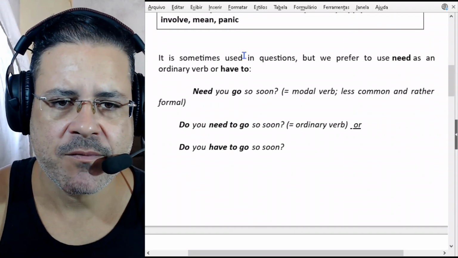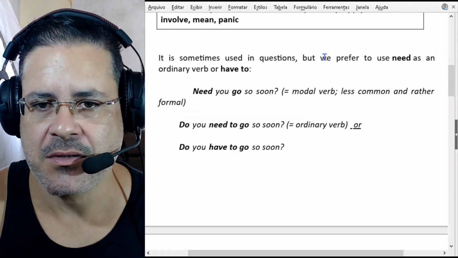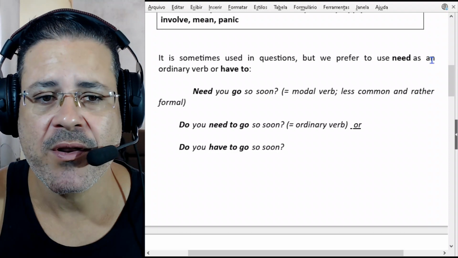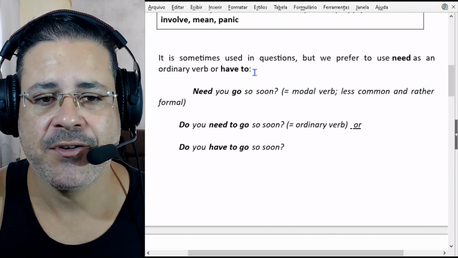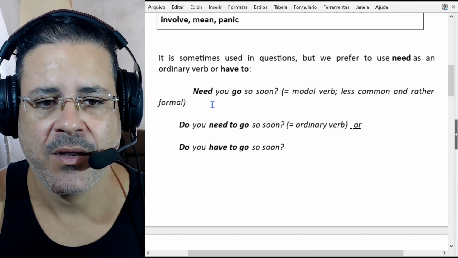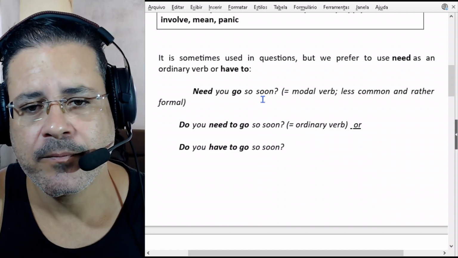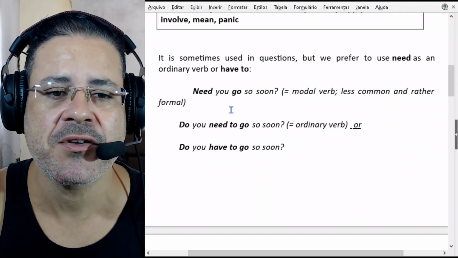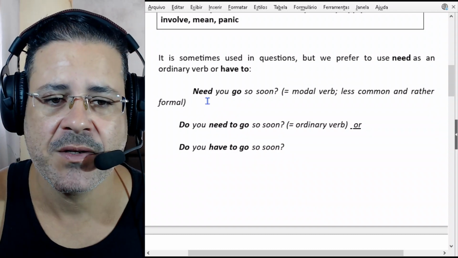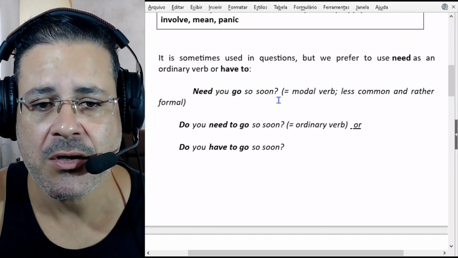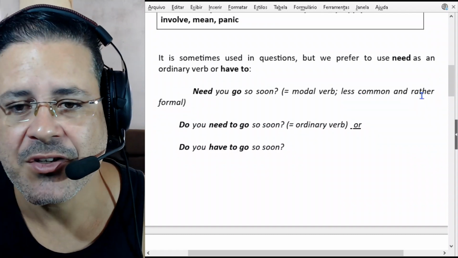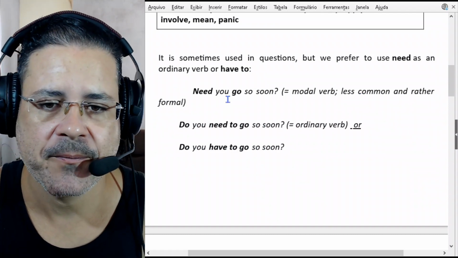It is sometimes used in questions, but we prefer to use need as an ordinary verb or have to. For example, need you go so soon? This is a modal verb, of course, because we're not using the auxiliary. Less common and rather formal, of course.